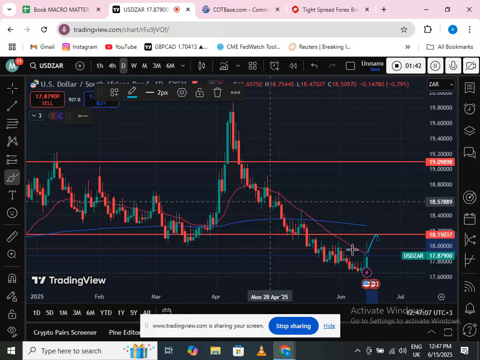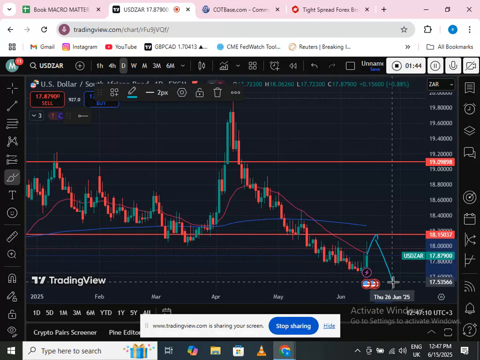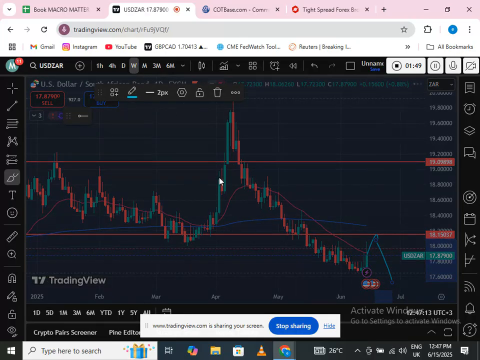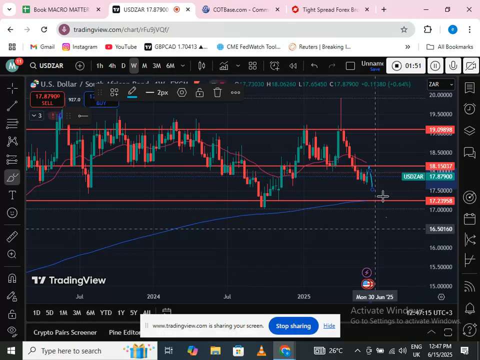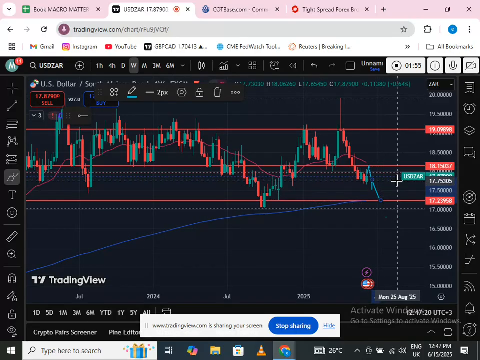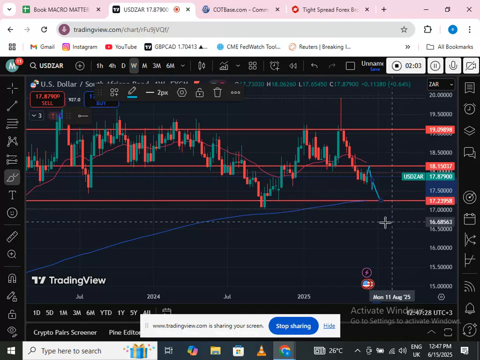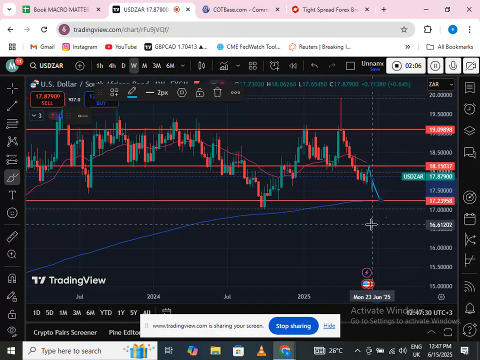When price comes back to 18.15, then you are going to take it all the way down to 17.23. Here's going to be the first take profit, guys. So you have to wait. When price reaches this entry, here's going to be a sell entry, and you're going to take it until 17.23. When price comes here, we're going to look for other entries going downwards.